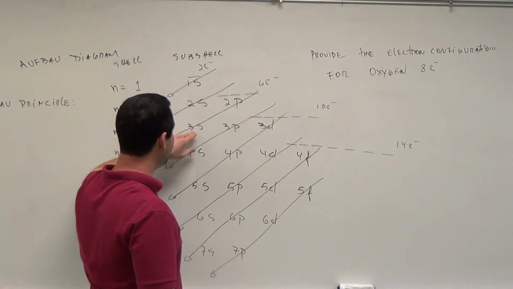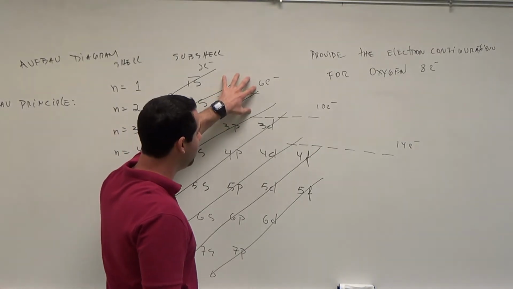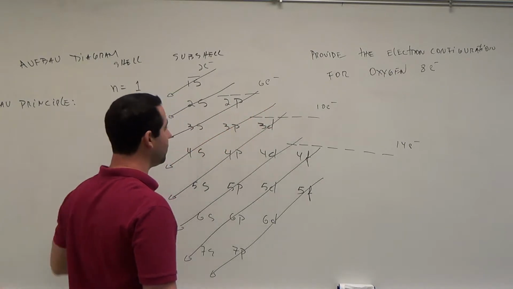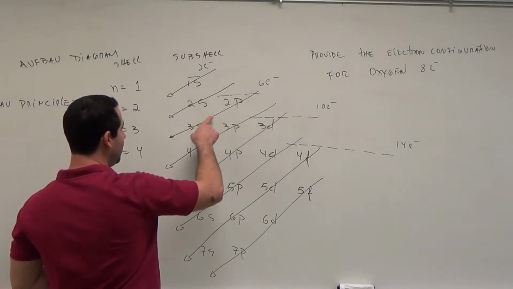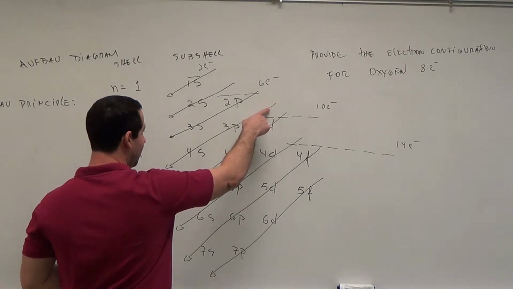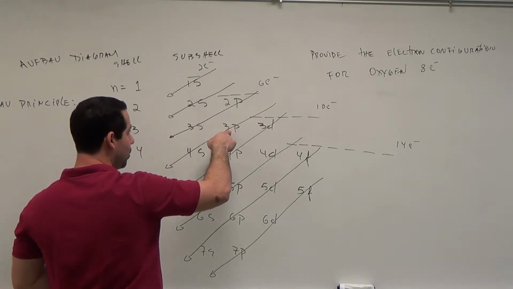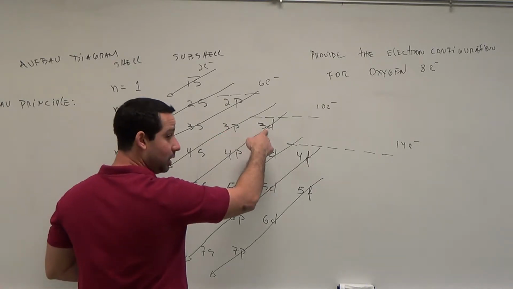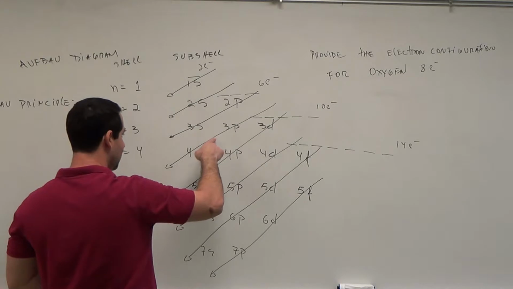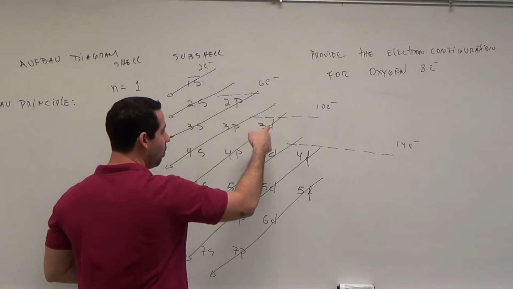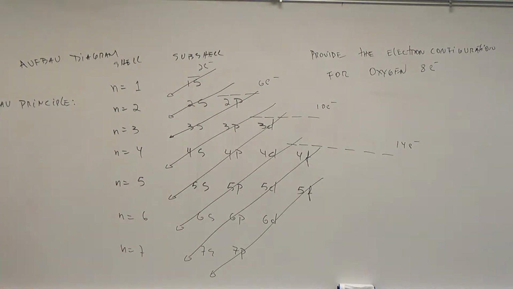And if I am to fill this one, I have to completely fill this one, because this is the order in which you will fill things. So after 2p, you will fill the 3s. And after the 3s, you begin in the back of the arrow, you will fill the 3p. And after the 3p, what are you going to fill? The 3d. The 4s. And after you're done filling this one completely, you will fill this one. Is that clear? That is called the Aufbau principle.